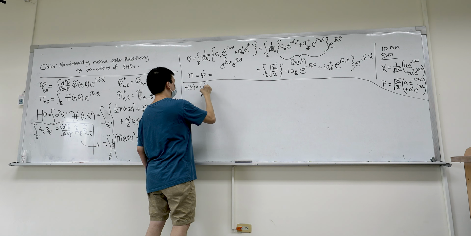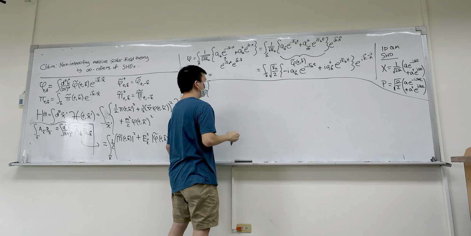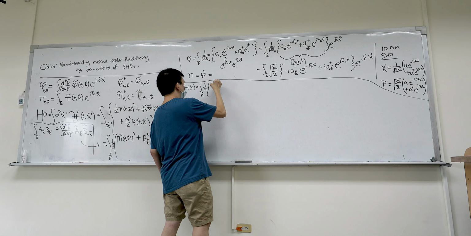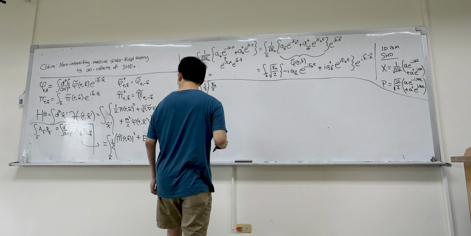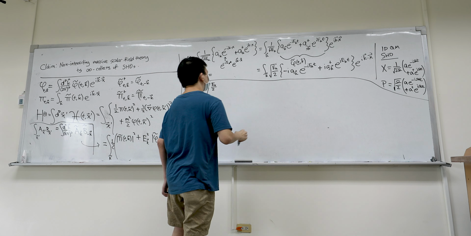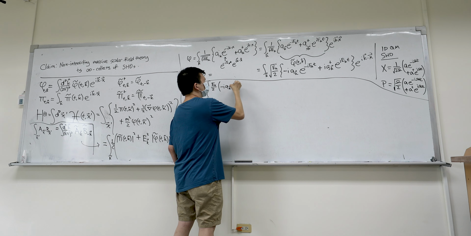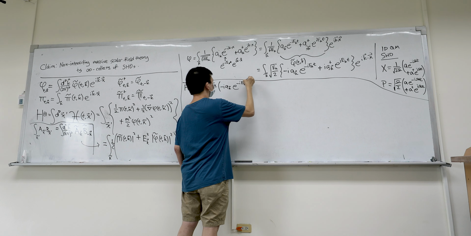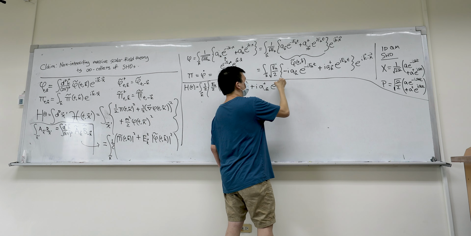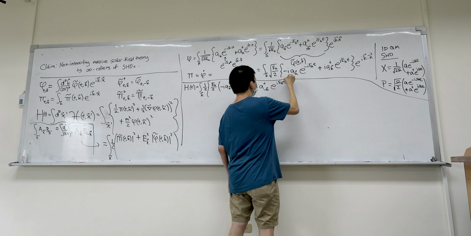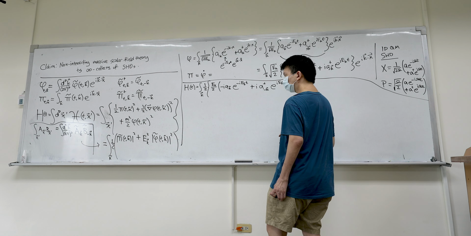We have 1/2, and then we have basically pi, which is this guy multiplied by itself, so e_k over 2, and then let's multiply minus i a_k e to the minus i e_k t plus i a minus k dagger e to the i e_k t, multiplied by the same thing but with k swapped with minus k.